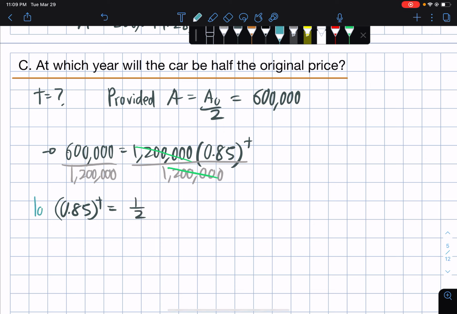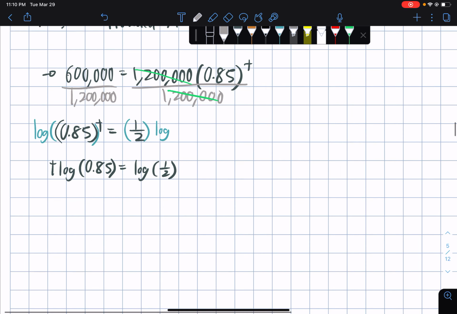Put log on both sides. We have t log 0.85, which is equal to log 1 over 2. Divide both sides with log 0.85.